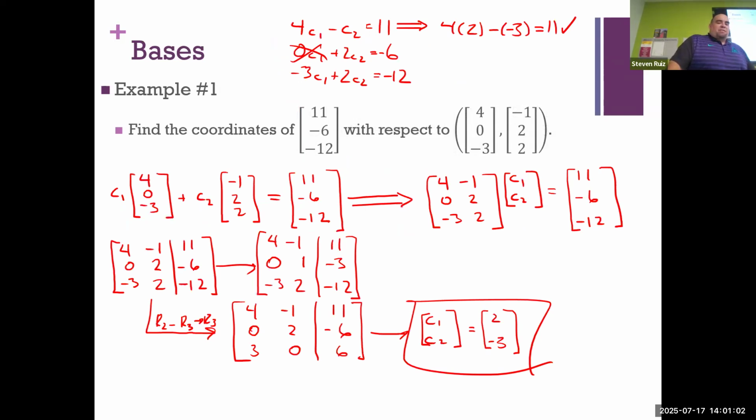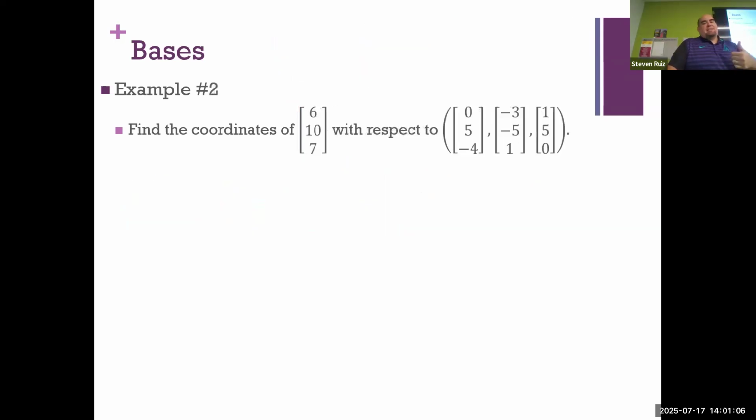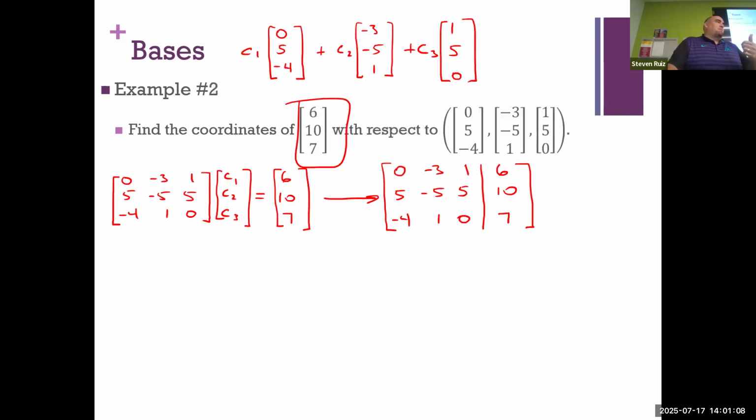In our last question, finding the inverse is something we could not have done. In this case, we can. We can try that. But some kind of matrix reduction, some kind of row reduction is called for.